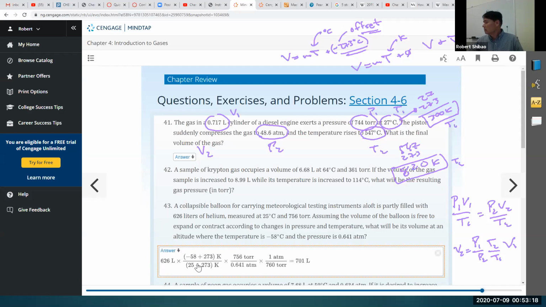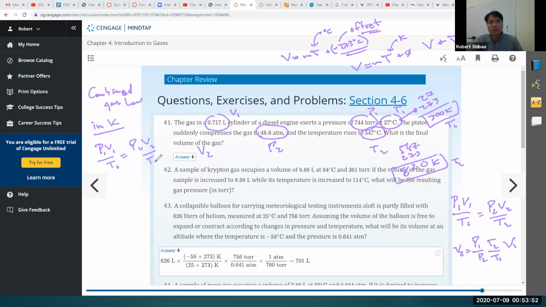Okay, this is what it's going to look like. The combined gas law, let's do that. The combined gas law is a combination of Charles's, Boyle's, and another guy's law. The combined gas law in Kelvin looks like this: P1 V1 over T1 is equal to P2 V2 over T2.